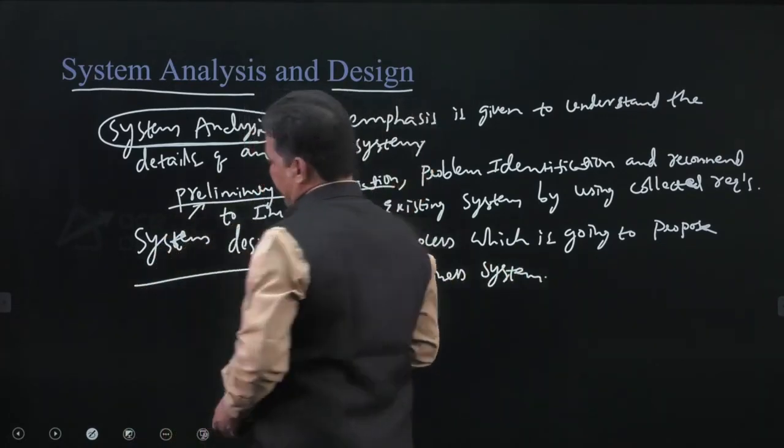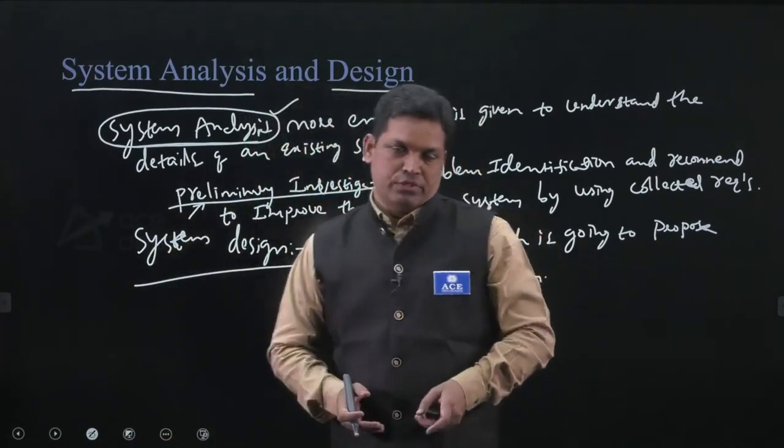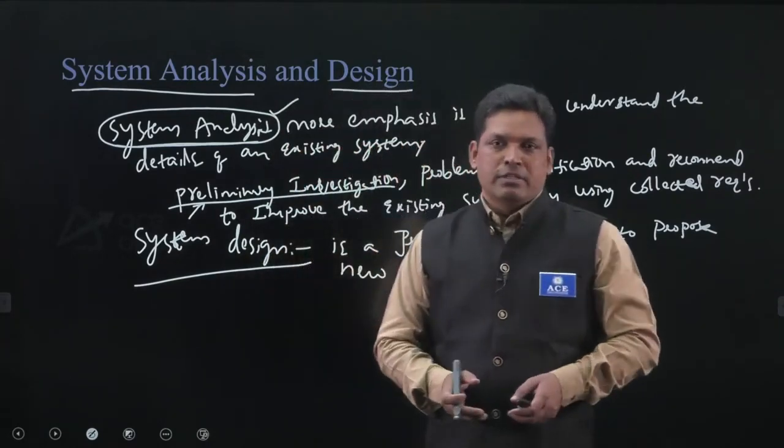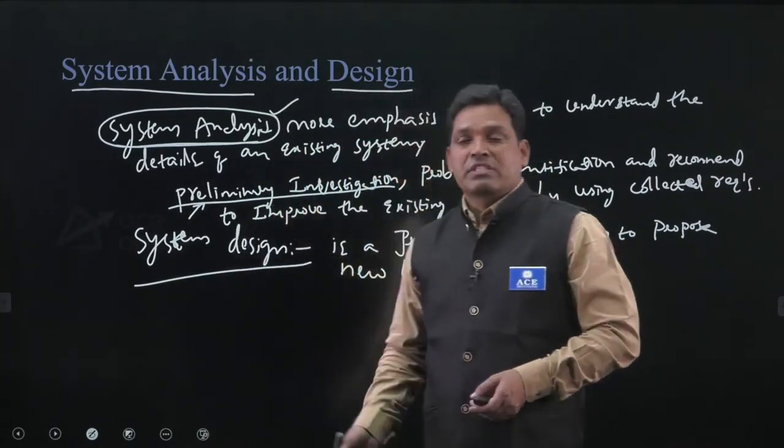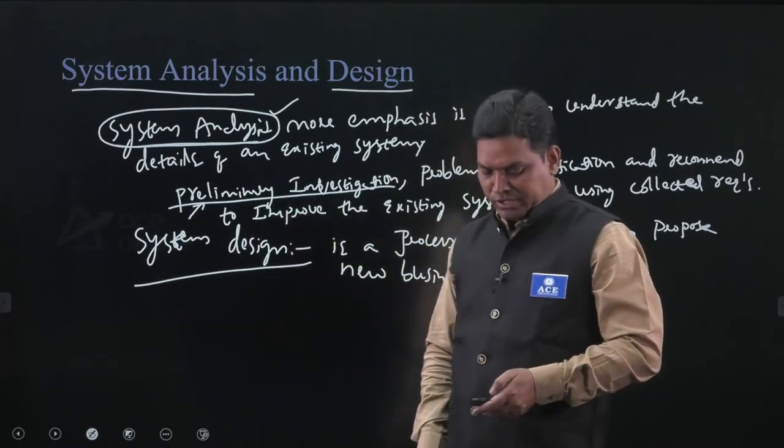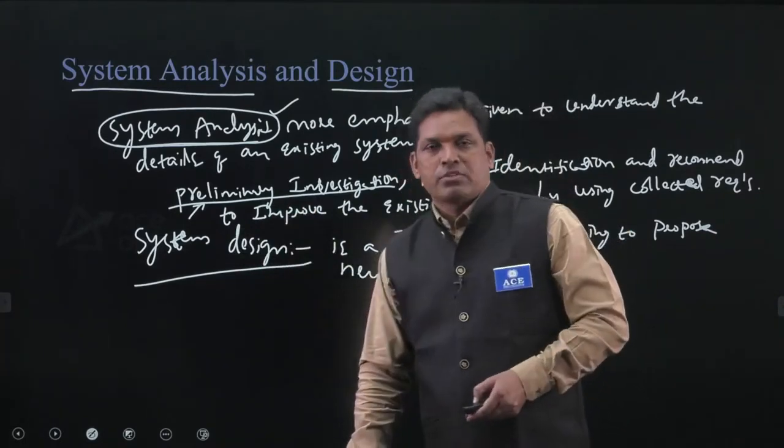And in system design, the blueprint of the software system will take place. That means giving a solution for the software system takes place in the system design process. So that is the importance of system design.